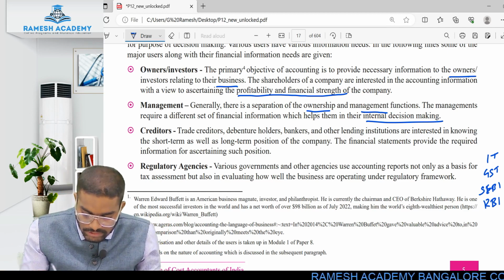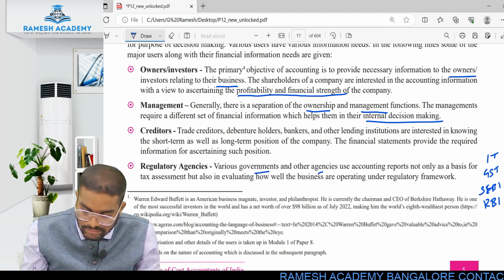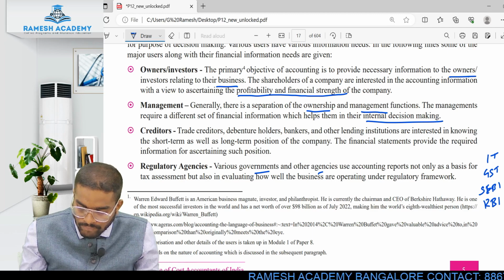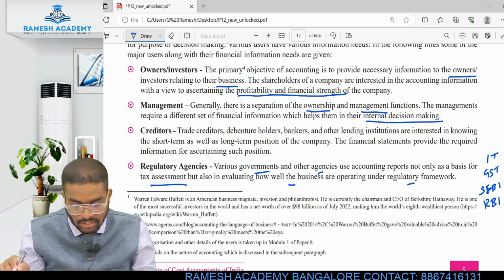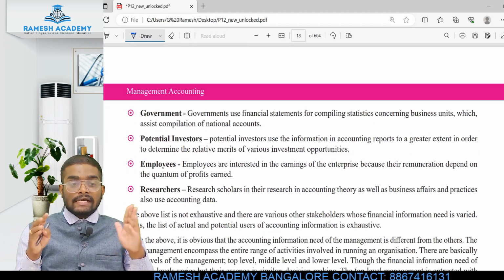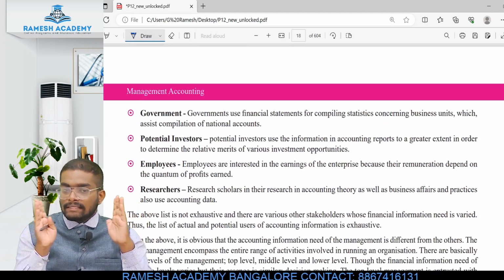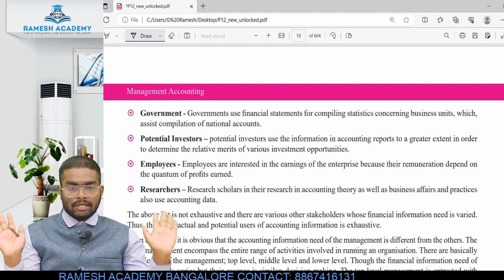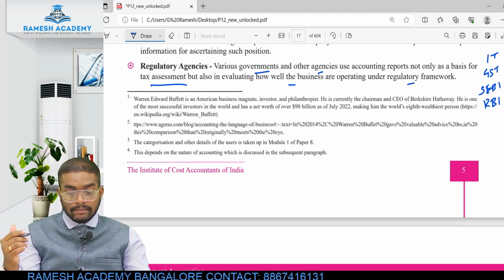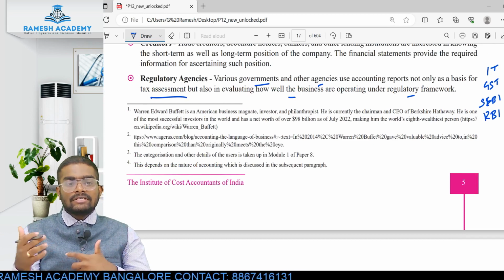So regulatory authorities, various government and other agencies use accounting information not only as a basis for tax assessment, but also for evaluating how well the business is operating. They are mainly interested in assessments, whether he is paying tax, whether the profit is correct or not. Over and above that, they will be checking how well the business is operating.